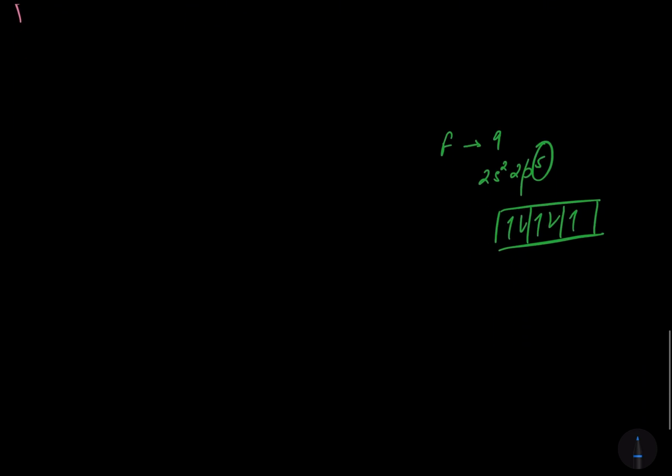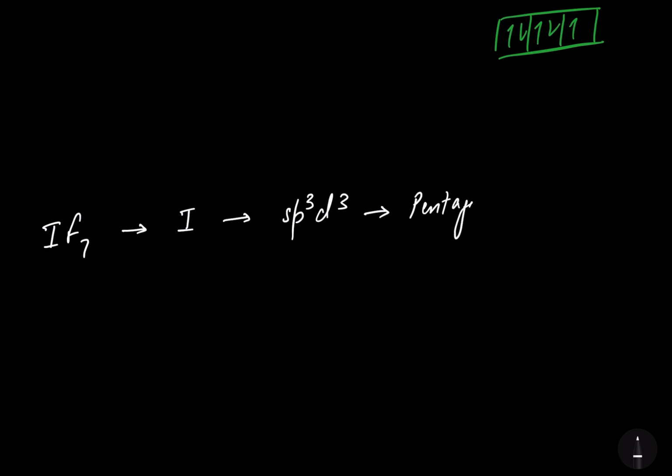Now, let's talk about the structure or geometry, we can say. IF7. Here the central atom is iodine, whose hybridization came out to be sp3d3. For sp3d3, we have the standard structure of pentagonal bipyramidal.